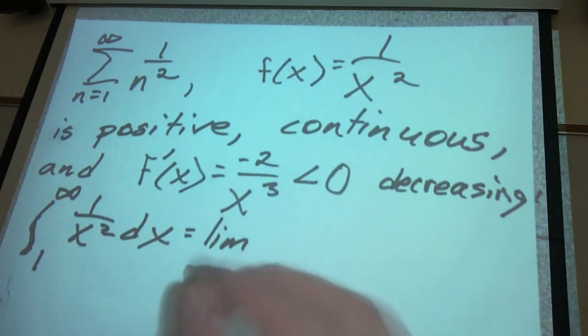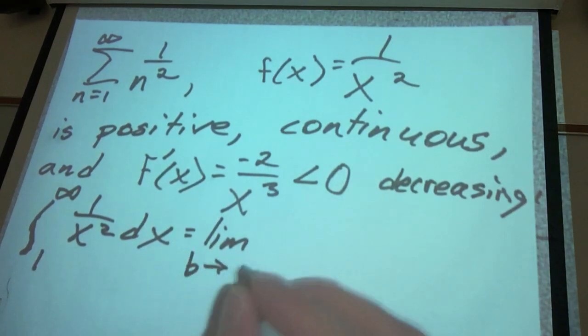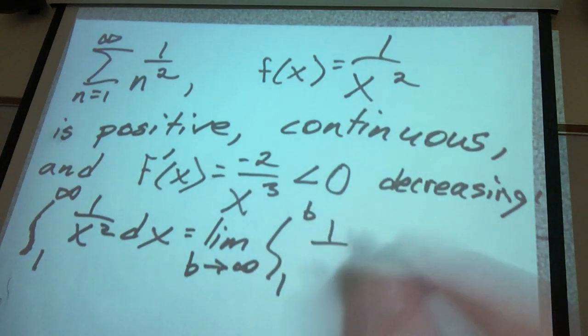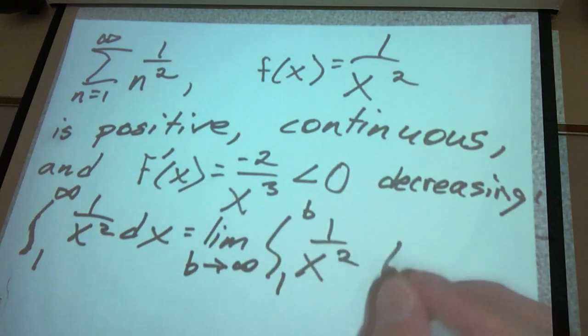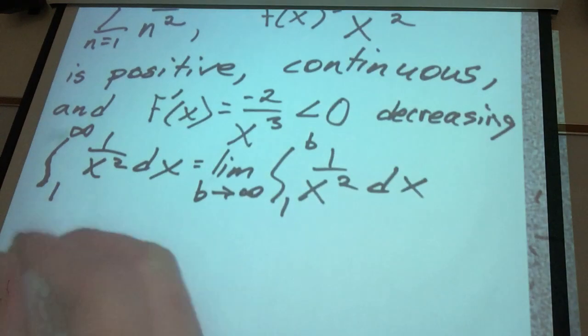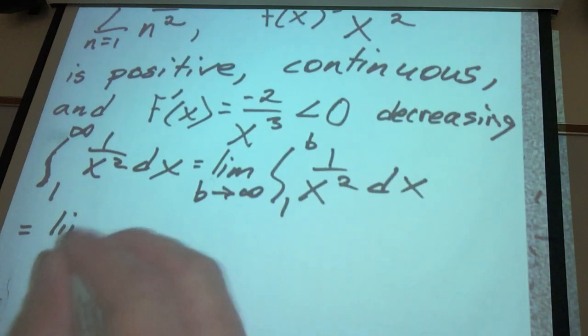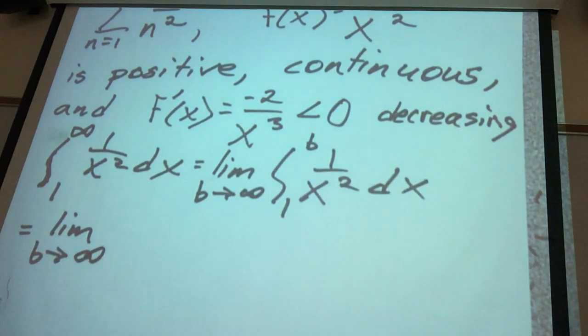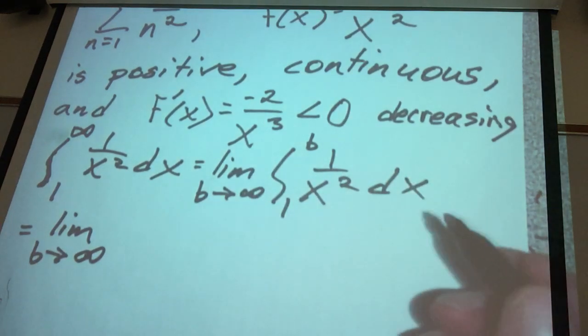the limit as b approaches infinity of the integral from 1 to b of 1 divided by x squared, and we're going to integrate with respect to x, right? And so that would equal the limit, now as b tends towards infinity. Okay, so if I integrate this thing, it's sitting at negative 2 right now.